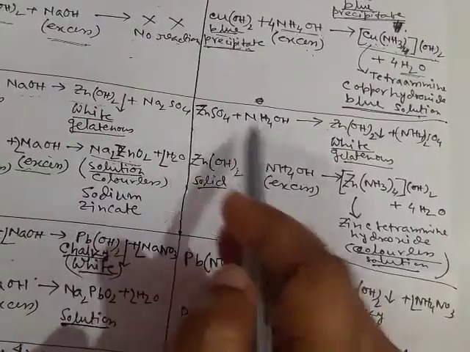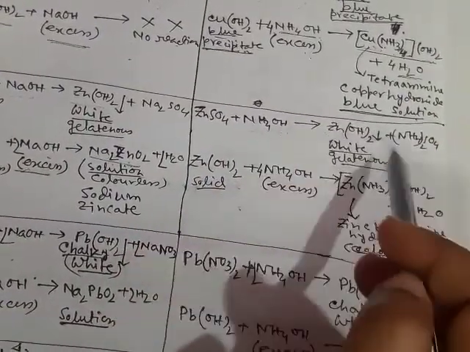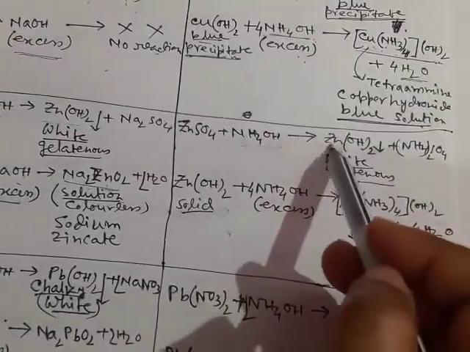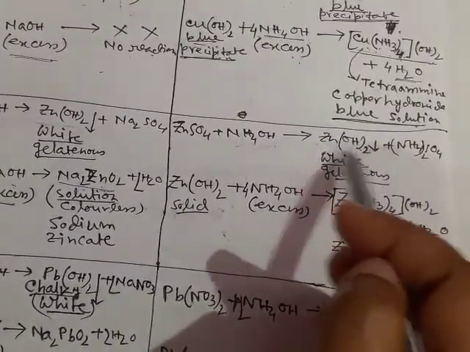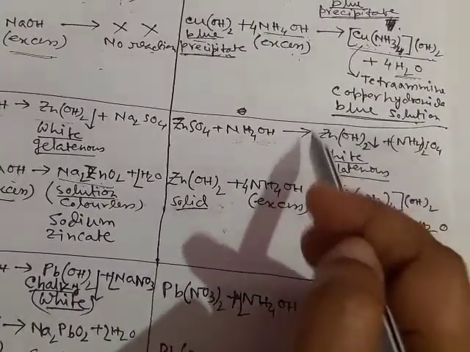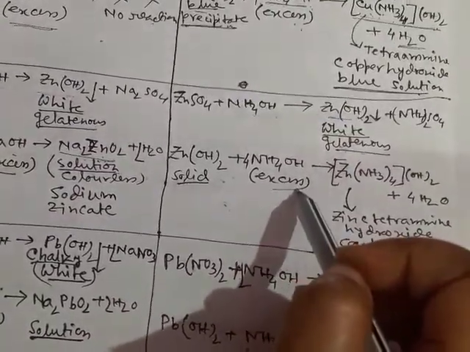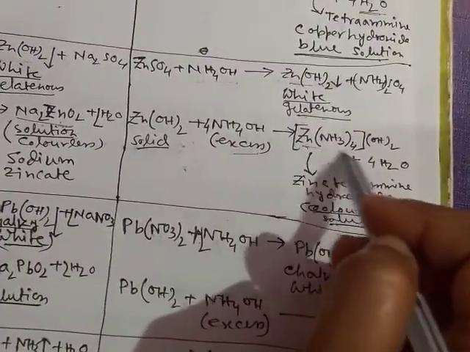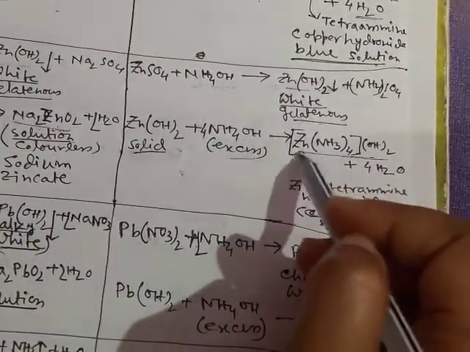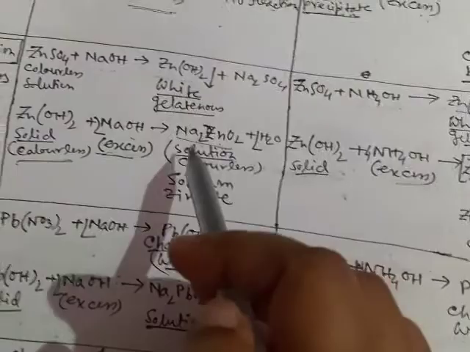Similarly, when ammonium hydroxide is added to zinc solution, first there will be formation of a white gelatinous precipitate of zinc hydroxide, and in excess of ammonium hydroxide it becomes soluble. But here the compound formed is different from the compound formed using NaOH.